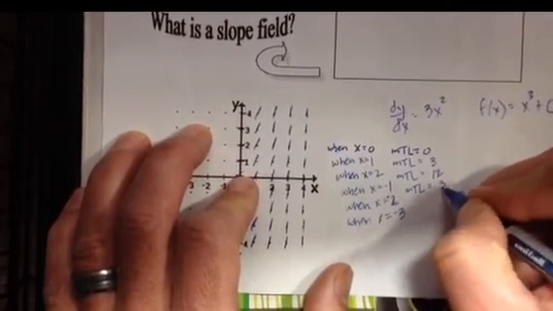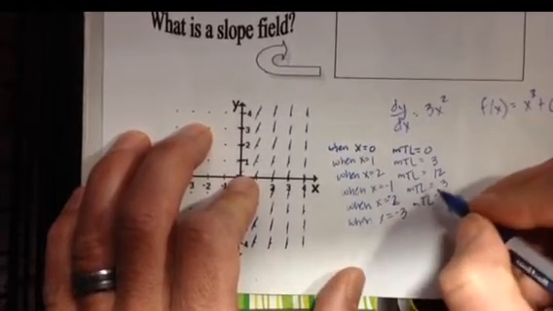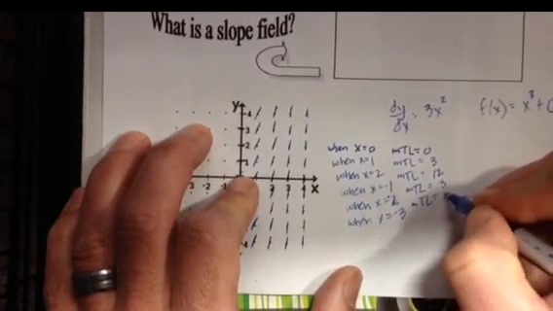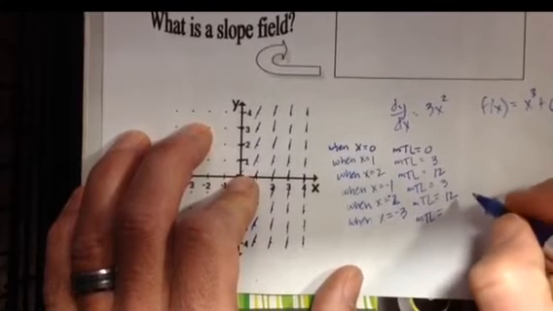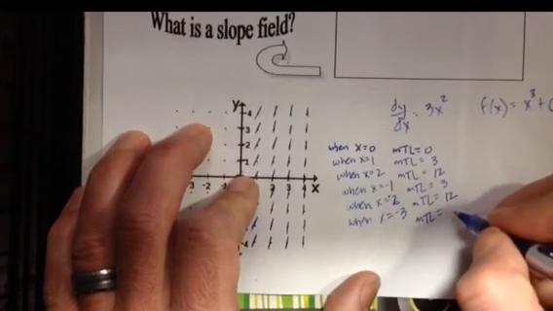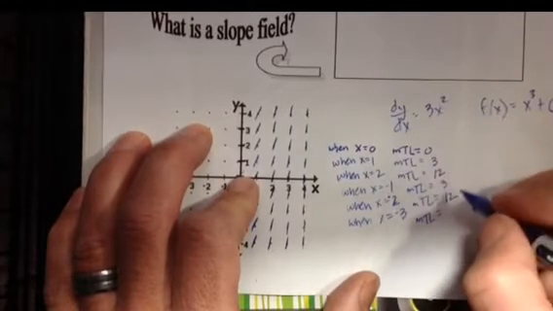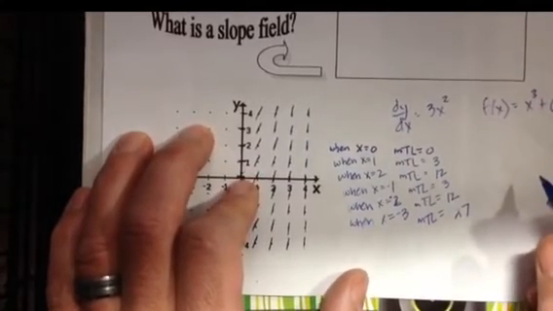Here I'm going to get 3 once again. Plugging in -2, I get 12 once again. And squaring the -3, I get 27.